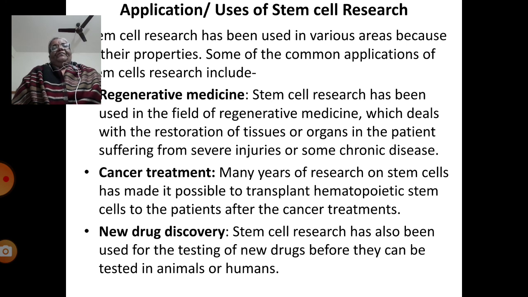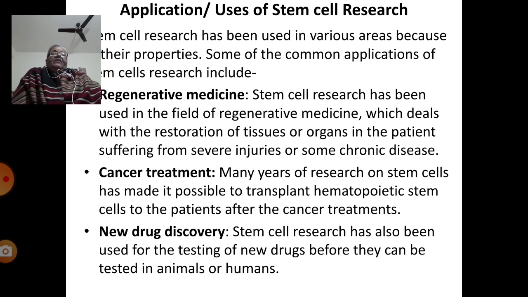First one, they are used in regenerative medicine, which deals with the restoration of tissues or organs in patients suffering from severe injuries or some chronic diseases. Number one, their application in regenerative medicine.